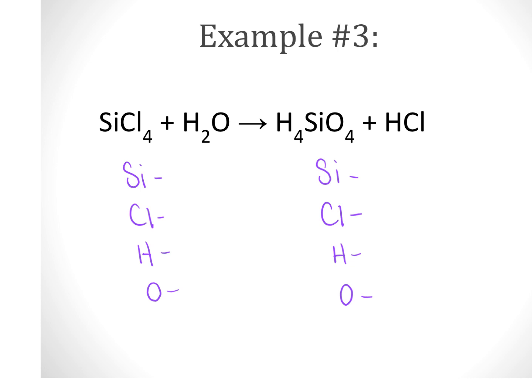Okay, let's check our initial counts. How many silicons are on the left side? Okay, just 1. How many are on the right side? Okay, also 1. Okay. How many chlorines are on the left side? 4. How many are on the right side? Just 1.